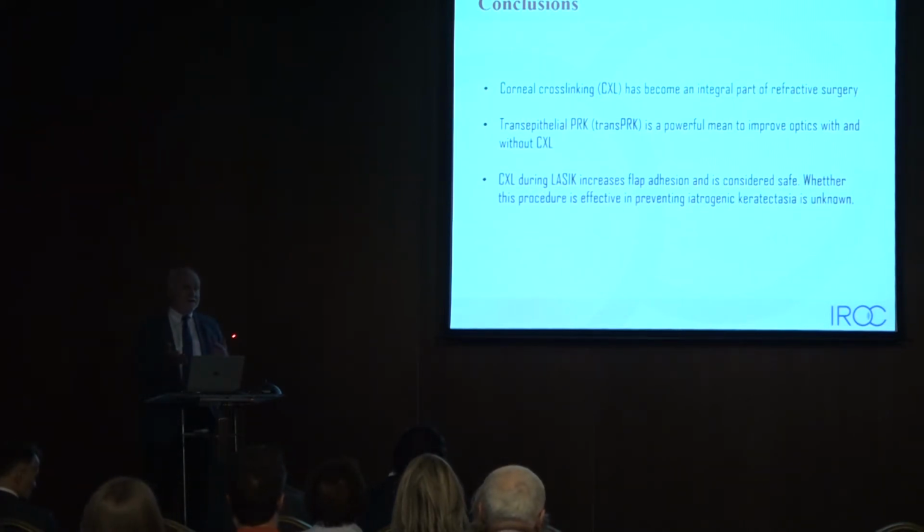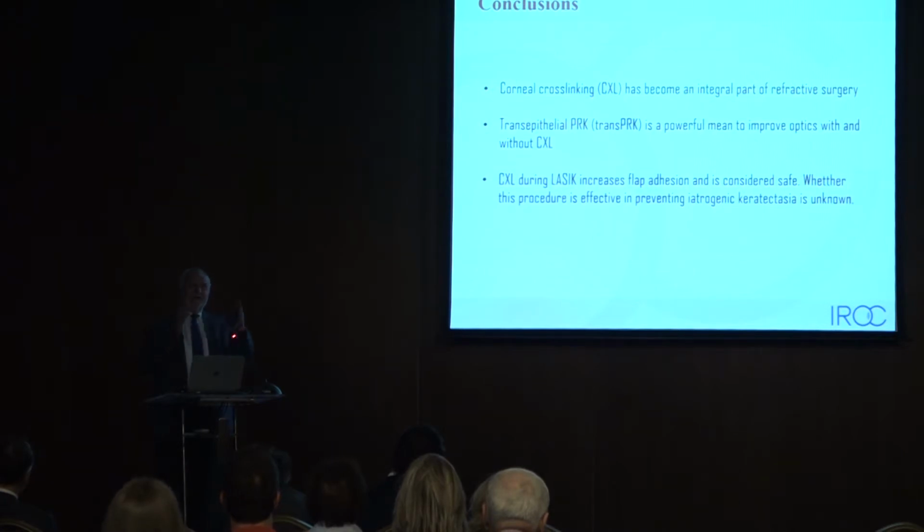You may have recognized that I have in Zurich a low-budget center and a normal IROC center, and the complicated and difficult cases are coming to us, and there I'm doing cross-linking in nearly half of the cases. In the standard low-budget refractive center, we do not do a lot of cross-linking.